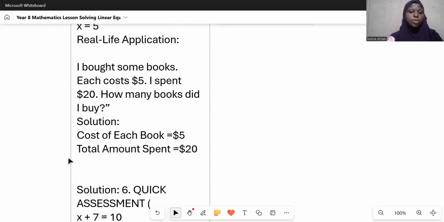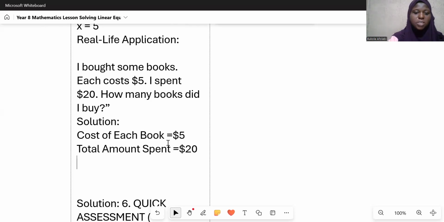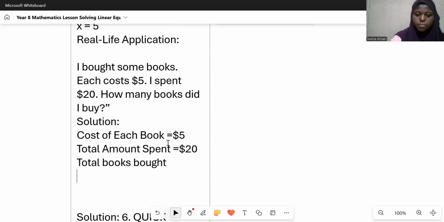Now, how many books did I buy in total? The total books bought. So we have $5 multiplied by the number of books bought.